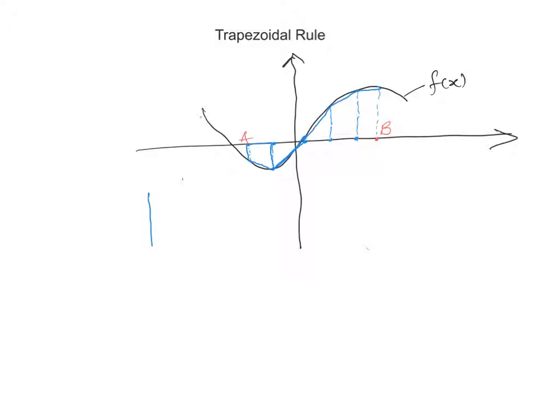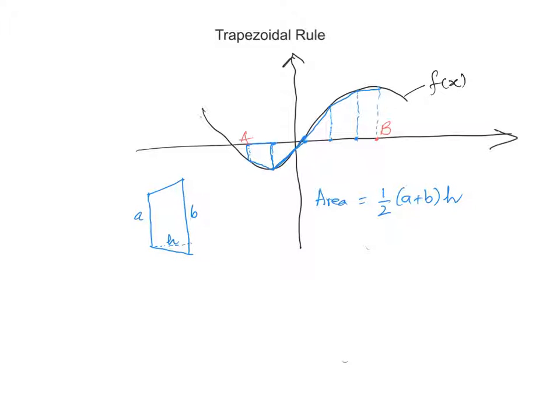Now we know that the area of a trapezium which has parallel sides like A and B, and the height is h, the area is given by 1/2 (A plus B) times h.